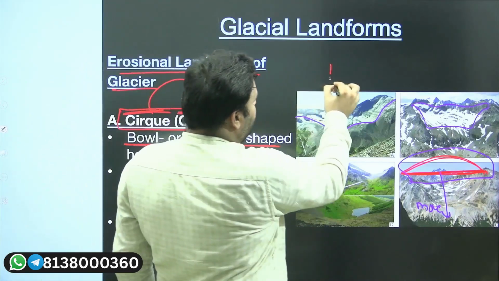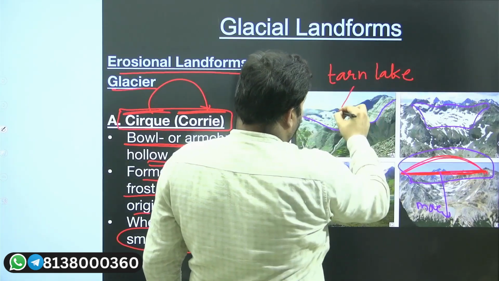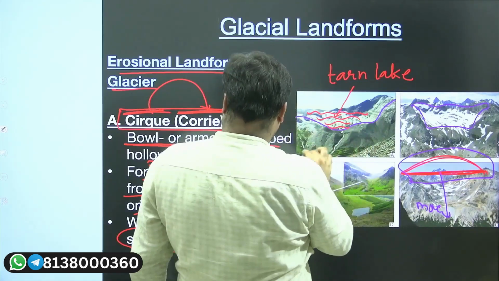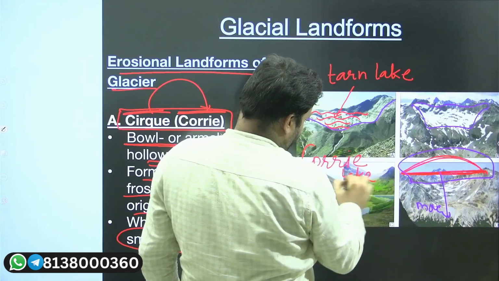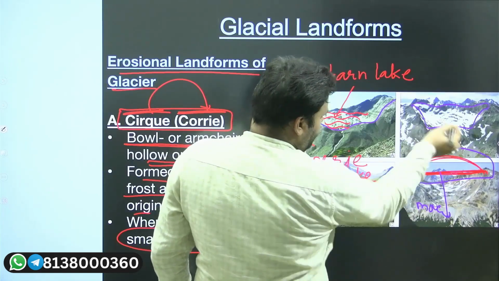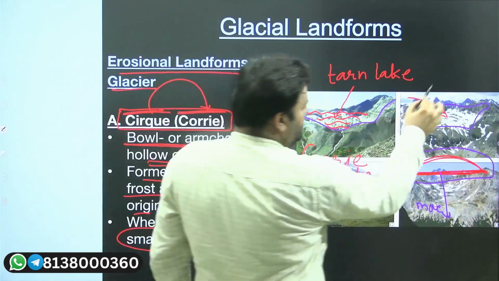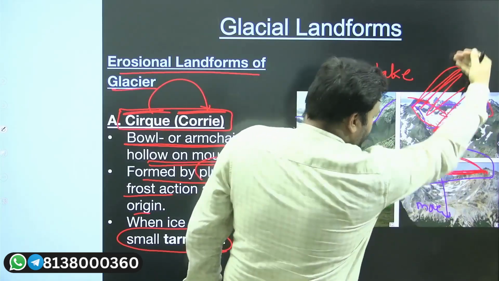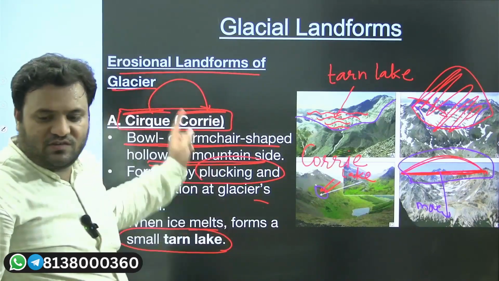It is also called a tongue lake, or Cori Lake, if this depression is filled with water. Suppose it was a full mountain, and because of glacier action it has been eroded and one depression is formed. This depression is termed as cirque.